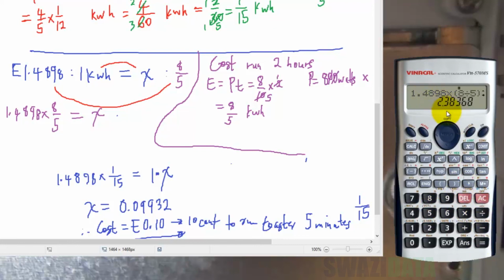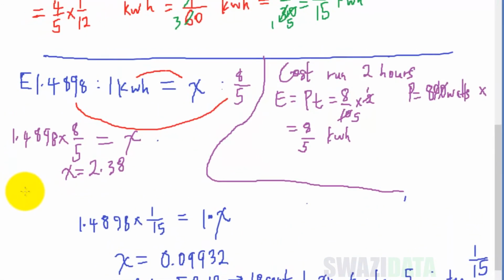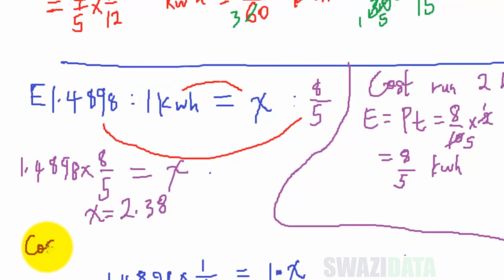The answer is 2.38, correct to 2 decimal places, which means the cost of running the toaster for 2 hours is 2 emalangeni 38 cents.